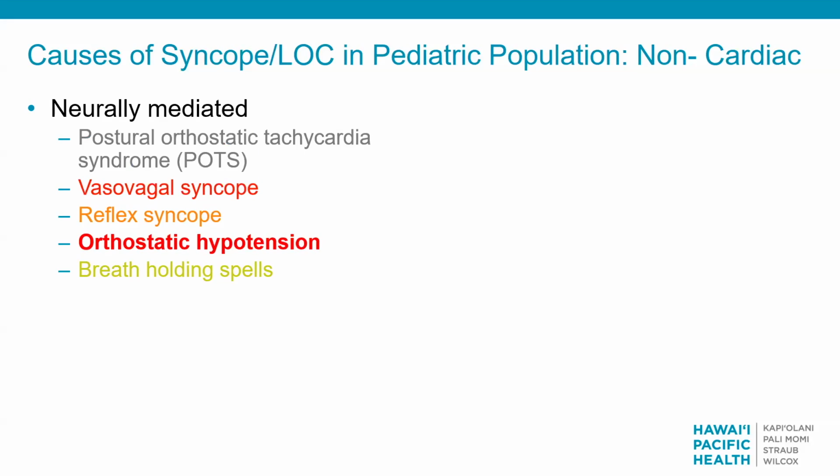And again, this is the most common part. In tiny kids, what is there in a weird green or yellow color is breath holding spells. When kids get so wrapped up, and this can happen after 6 months of age, peaks around 9 to 12 months of age, and can easily go into the 2 years and the terrible twos, they get so mad and cry so hard that they hold their breath.